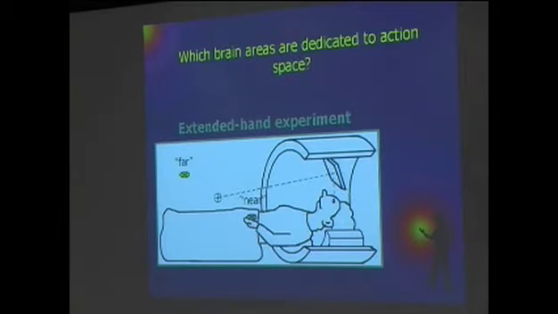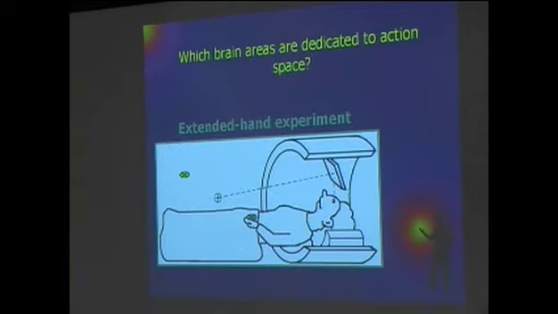So I've been interested in characterizing which areas in the human brain are responsible or dedicated to representing objects that are presented near to us within action space. So in my experiment, subjects are lying in the scanner, and they can see their body through this mirror.